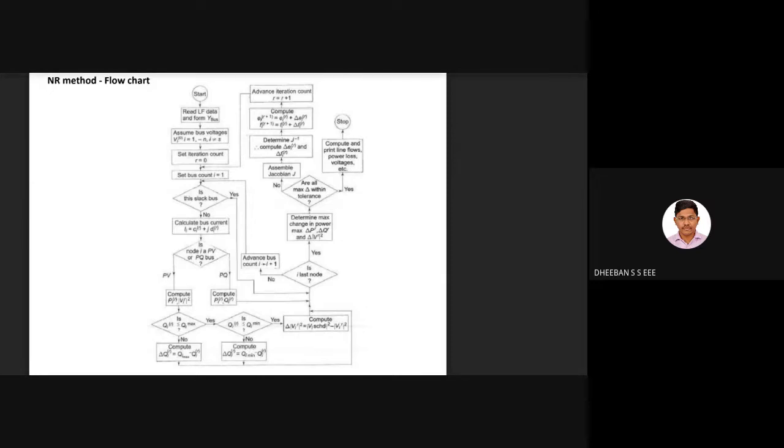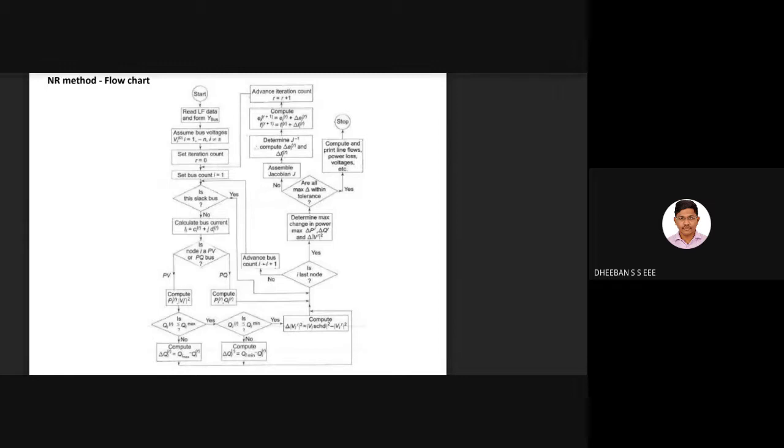Any doubt in this flowchart, you can ask. Based upon this flowchart you will be finding your Newton-Raphson method. I hope you have understood why we are iterating, what the purpose of iterating is, and what happens if they give a PV bus and a PQ bus.